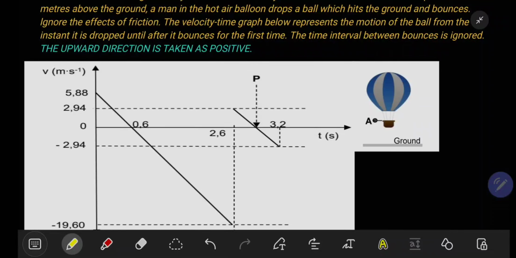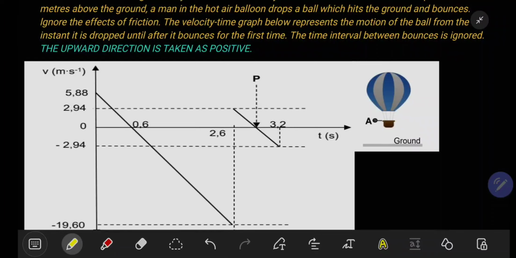Then here is our graph. On your far right, we have the hot air balloon, where there is point A. We know that when the hot air balloon reached that point, the man inside it dropped a ball.